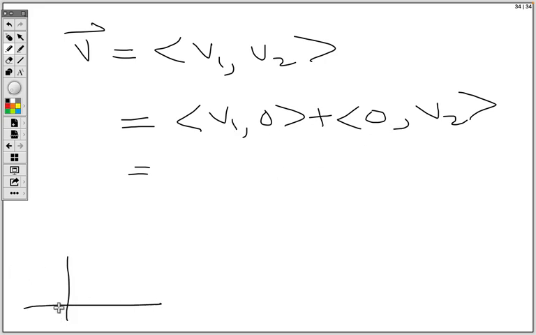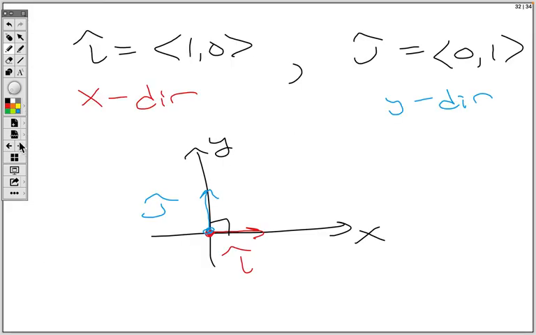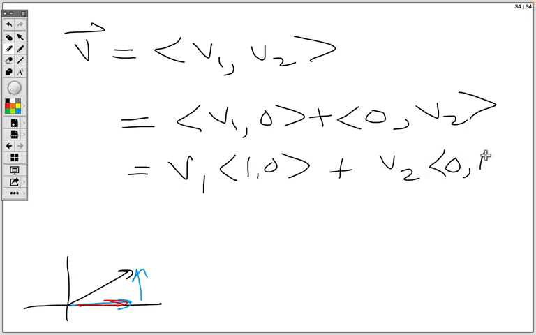I mean, this is literally, going back to yesterday, we went this way. Let's see how I'm going to be consistent with the colors here. I was doing red and then blue. Okay, let's do that. Whoops. To be consistent here. So we're going this way. So we're going over and we're going up. So think of this as v1 times 1, 0 plus v2 times 0, 1. So this is v1 i hat plus v2 j hat.